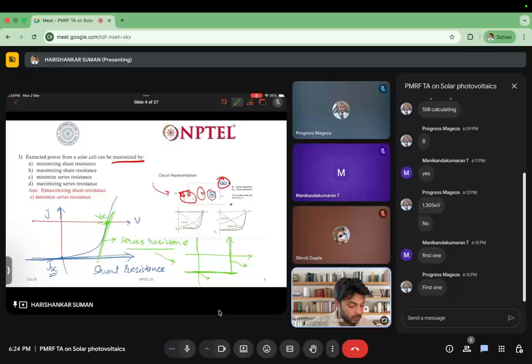The slope is tan theta, where theta is 0, and the inverse of the slope, 1/0, means the shunt resistance is infinite. For the series side, the angle is 90, so the resistance should be 0 for the ideal case.